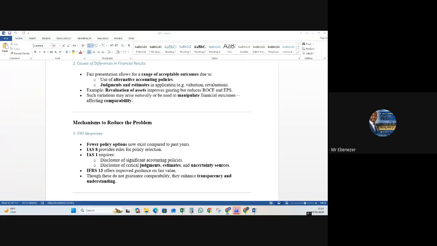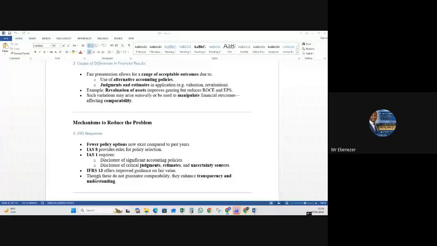The mechanism is that you choose fewer accounting policy options. The policies that now exist, you compare them to the ones you have been using in the past, and then you can make your decision.